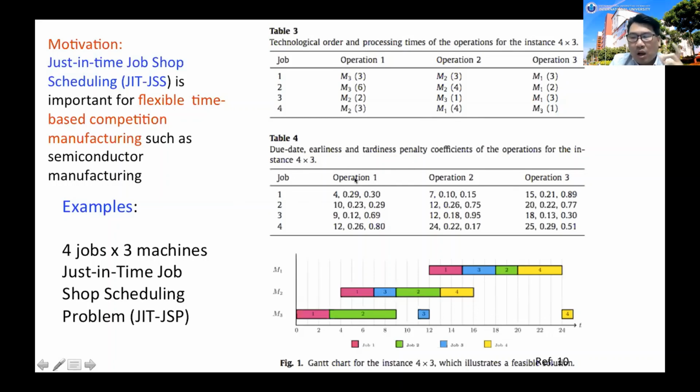So if a job has a certain due date, and it is finished earlier or later than the due date, it will create different penalties. Okay, so this one is an example of the Gantt chart for the scheduling problem.